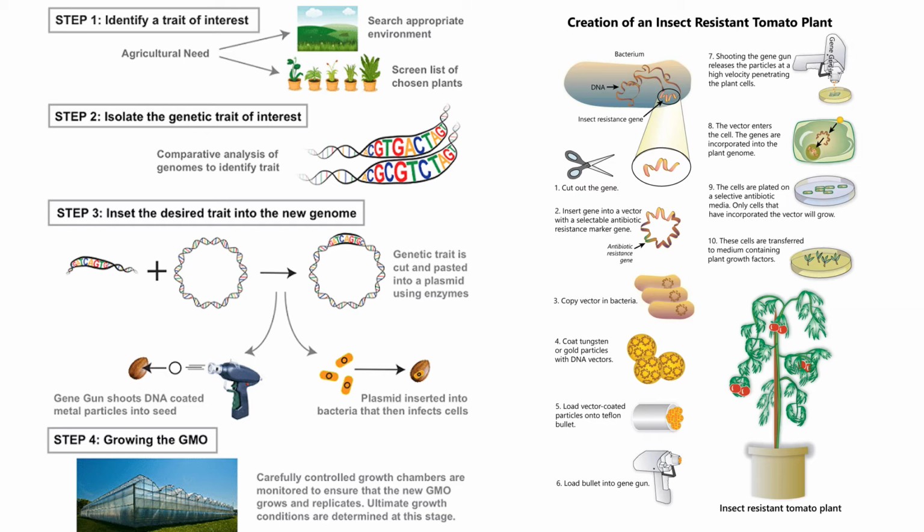So here an example is given of how one can create an insect resistant tomato plant. For example, in this step, bacterial DNA is given. That bacterial DNA has an insect resistance gene. In tomato, a particular pest is there, but that pest has a certain pathogen also.